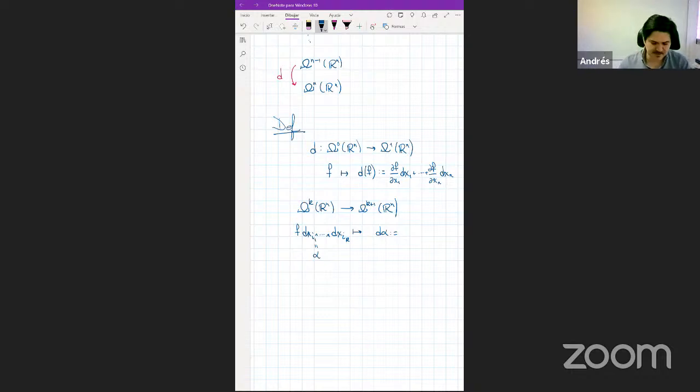Let me write it down here instead. The differential of alpha is the following. Basically, I'm just going to affect the function. Here I have a function and all of this.